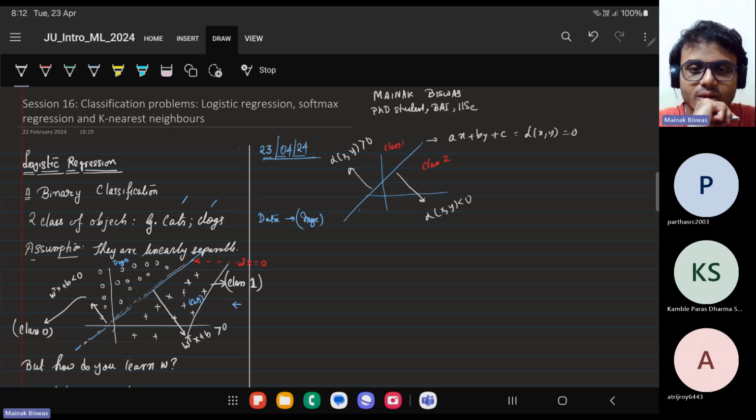Yes or no? So if this line is ax plus by plus c equal to 0, then one side of the line will be greater than 0 and one side will be lesser than 0, right?